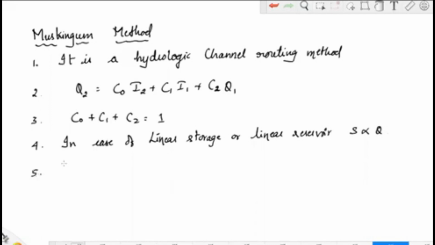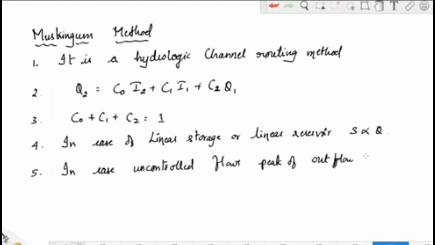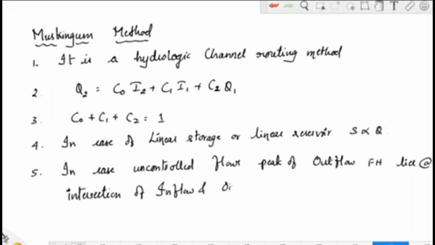Fourth point, last important point, in case of uncontrolled flows, peak of outflow flood hydrograph lies at the intersection of inflow and outflow flood hydrograph.